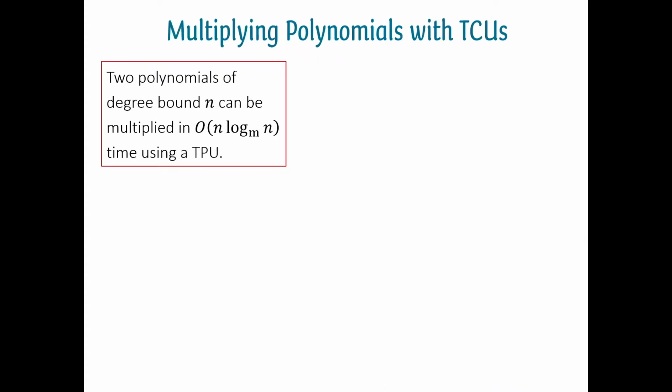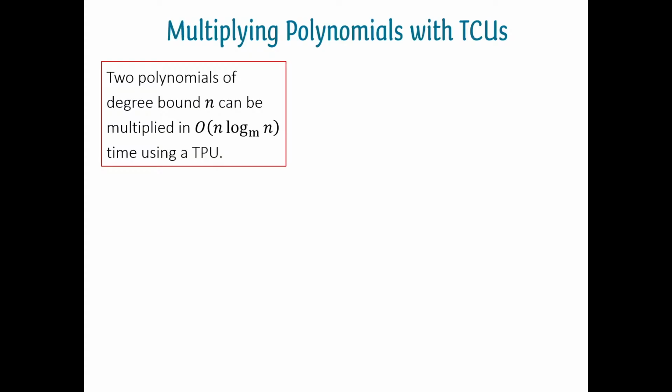Now, once we have that, multiplying two polynomials is easy. Remember what I said about FFTs: when you are taking an FFT of a vector, you are in fact creating a polynomial of degree bound n in coefficient form and evaluating that polynomial at n different points, each point being one of the nth roots of unity. That is polynomial evaluation.